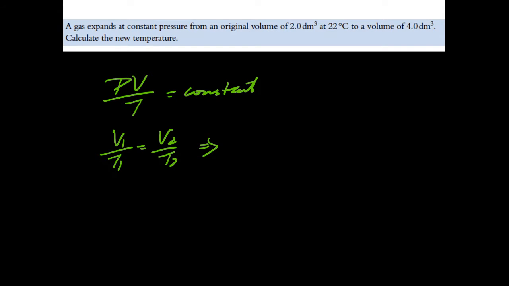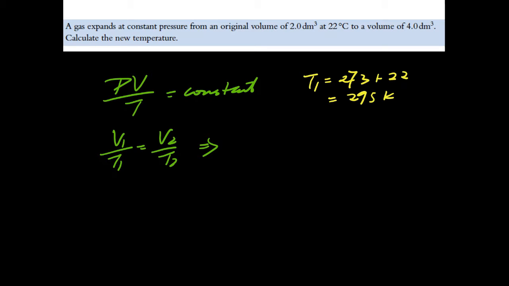Temperature must be in Kelvin, so 22 degrees Celsius equals 273 plus 22, that is 295 Kelvin. We don't have to convert cubic dm into cubic meter as they cancel out.